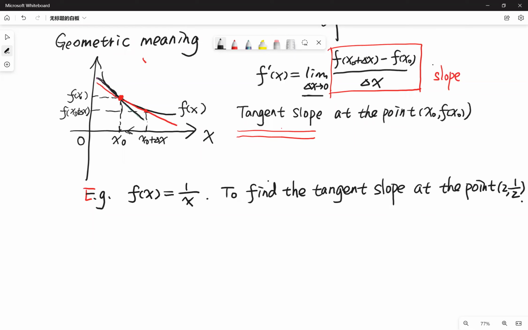This example is about understanding the geometric meaning of the derivative.